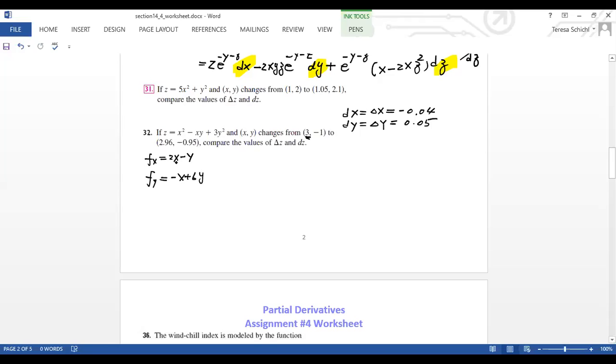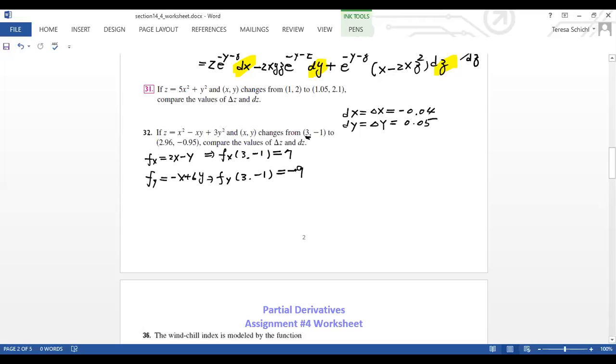Okay, and now I can plug the numbers in. So f sub x at (3, negative 1) is 7, and f sub y at (3, negative 1): what is that? It's negative 3, negative 6, so it's negative 9 here.